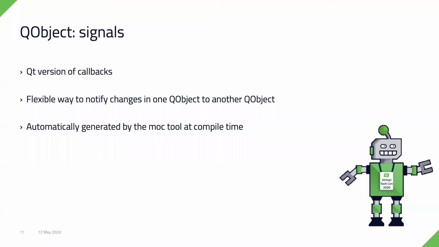When you create a signal in C++, you basically just add it in the header file. You don't actually implement the body itself, because the meta object compiler tool will create that for you at compile time. So it's easy to use in that sense. The complex work happens in the back end, and it's done for you.